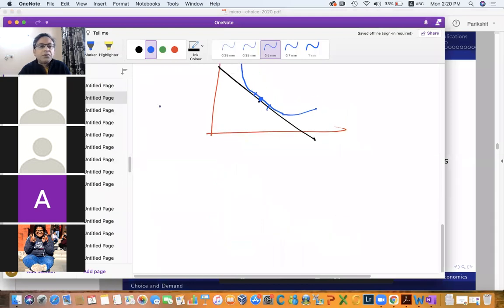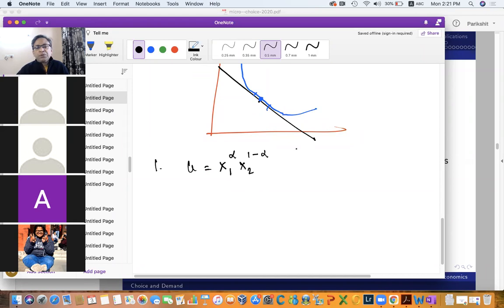All right, so just very quickly, some special cases, three examples. I'm sure you've seen these in your undergraduate days, but for many of you, this will be a brush up, so let's go through it quickly. These are all two good examples. Suppose the utility function is x1 to the power alpha, x2 to the power 1 minus alpha. Why am I taking this case where the exponents add up to 1? That's without loss of generality.